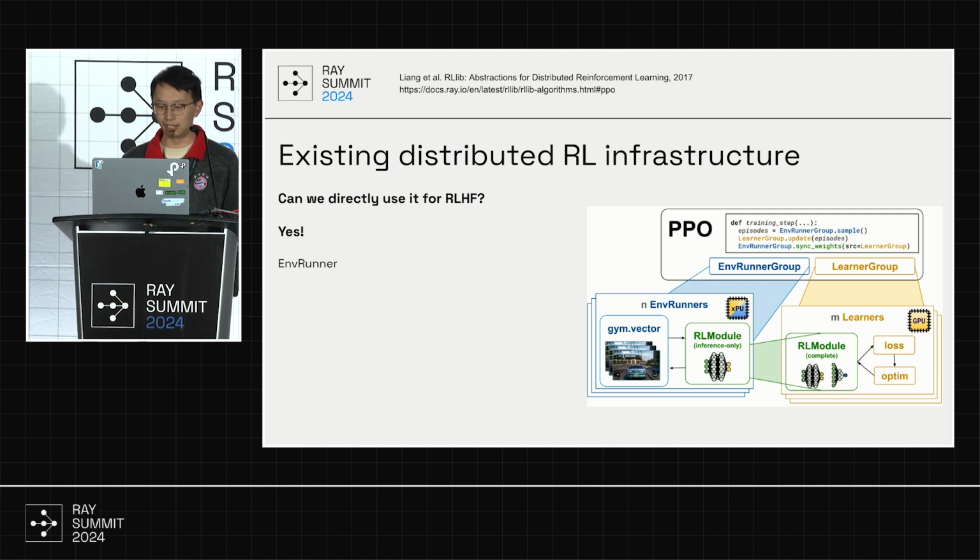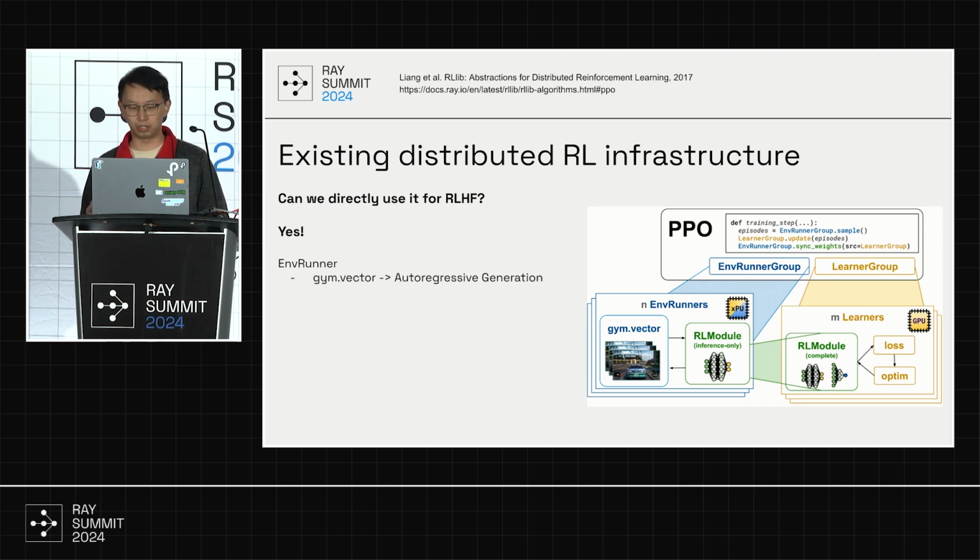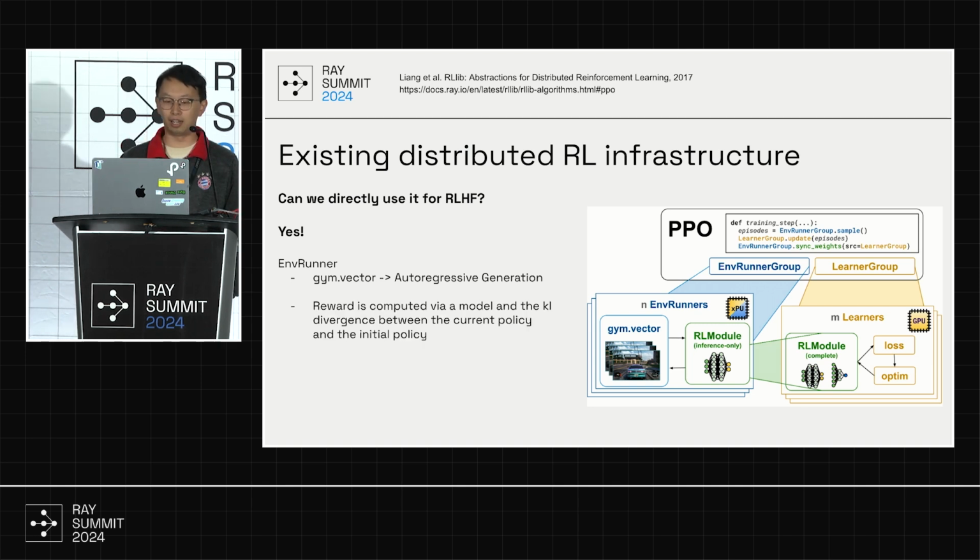In traditional classic RL, what we interact with is the environment, called the OpenAI Gym. It's a real-world environment, and we just need to change it to autoregressive generation using language models, and replace the MDP interactions with the real-world environment by language model generation, and also the reward function computed by a model.